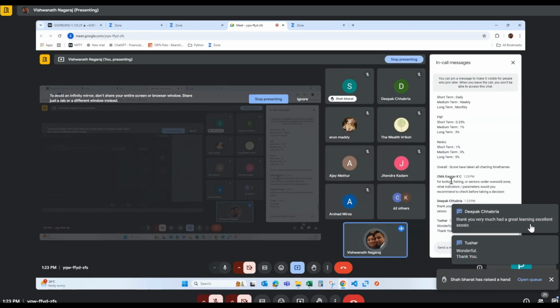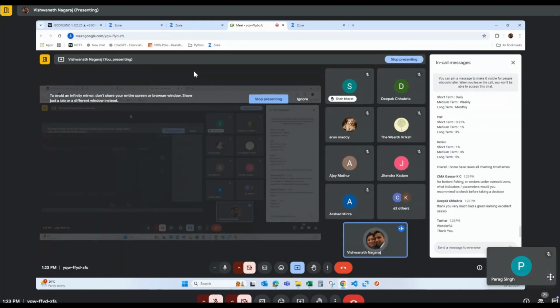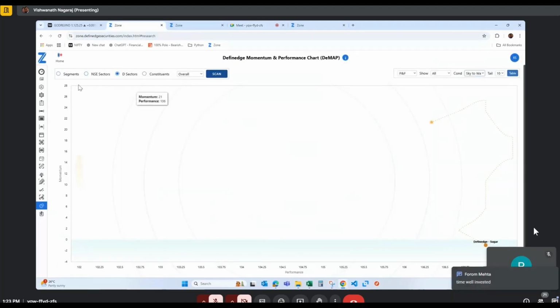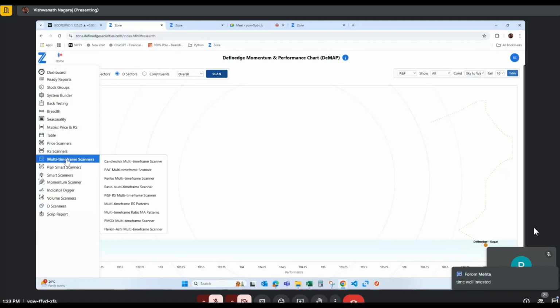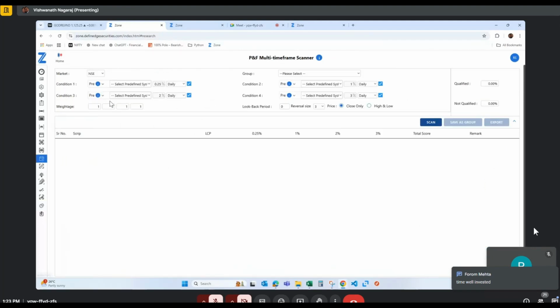So, Gaurav, let me do this. There's something else that I'm working on. Don't hold me accountable for this. When I was studying DMAP, I actually ended up doing this.